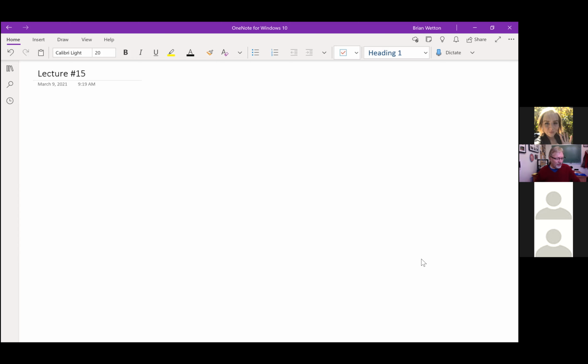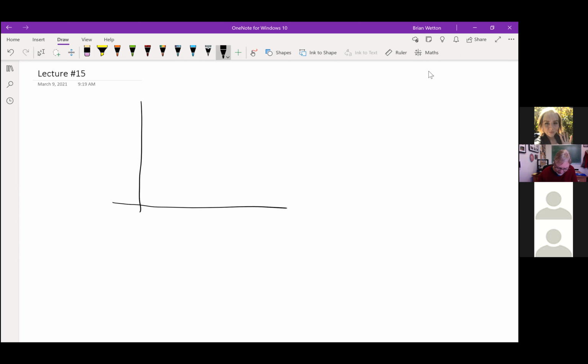Okay, so we'll start with the wave equation stuff. We have the wave equation in here. We're going to have initial conditions. This is the values of u.